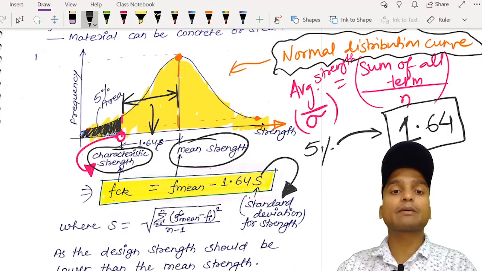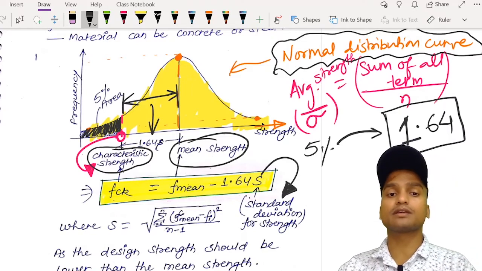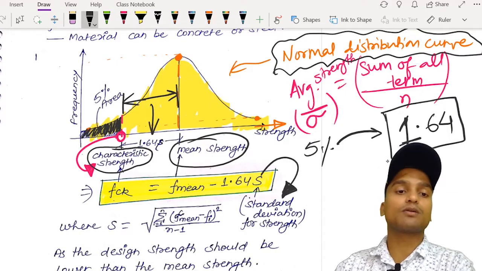स्टैंडर्ड डेविएशन भी एक पैरामीटर होती है, प्रोबेबिलिटीज़ में कैलकुलेट करते हैं, जैसे आप मीन वैल्यू कैलकुलेट करते हैं। तो स्टैंडर्ड डेविएशन का फॉर्मूला क्या होता है?